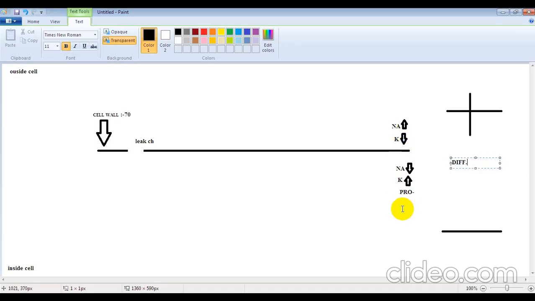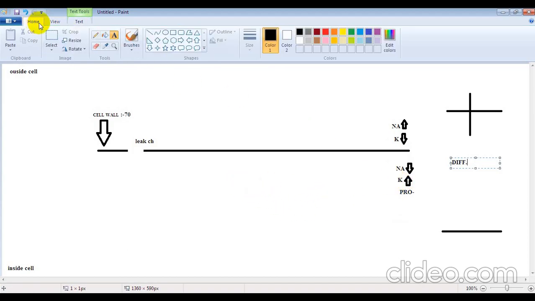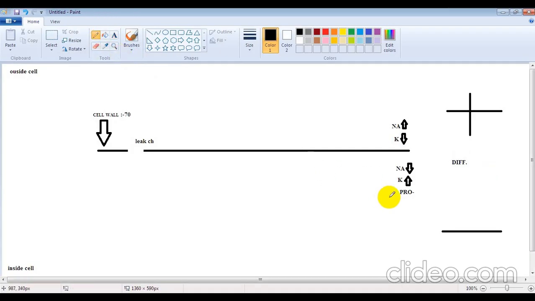According to diffusion, the potassium goes through the leak channel from high concentration to low concentration, like this. Please keep this information in your mind because it is a key point and cornerstone in our explanation. So far we have explained the normal condition of the neuron and everything now should be clear.